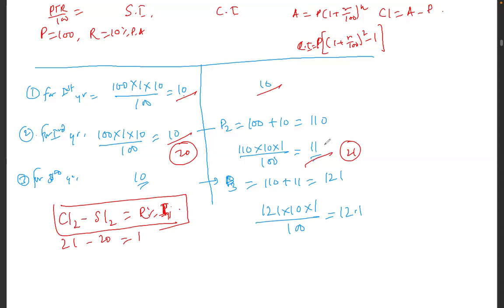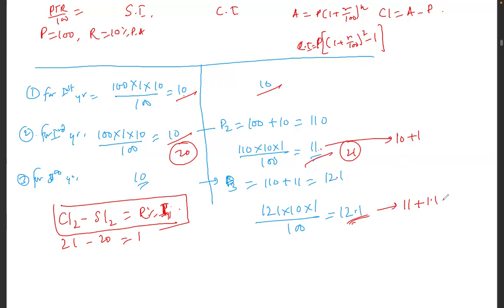Fine. Now, let me come to compound interest again. So this is 11. Interest for second year is how much? 11. And interest of previous year is 10. So if I want to write this 11 in terms of previous year's interest, I can write it like 10 plus 1. Isn't it? Here also, this is 121 and this is the interest. So this can be written as how much? Interest of previous year is 11 plus 1.1.